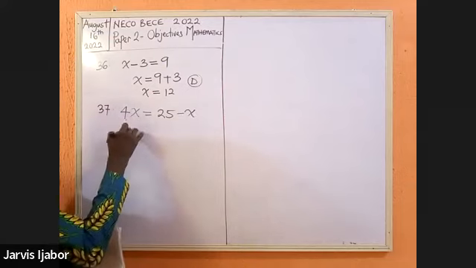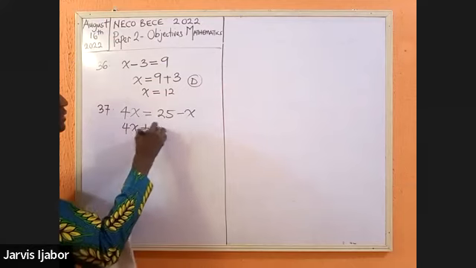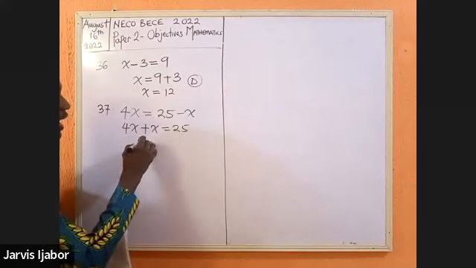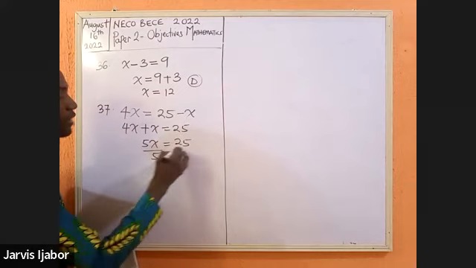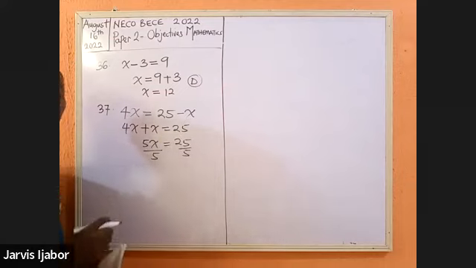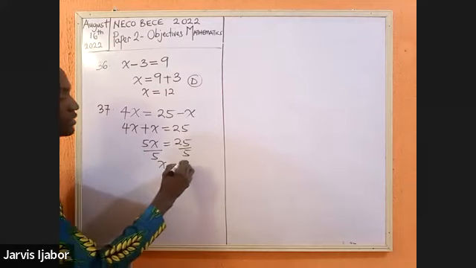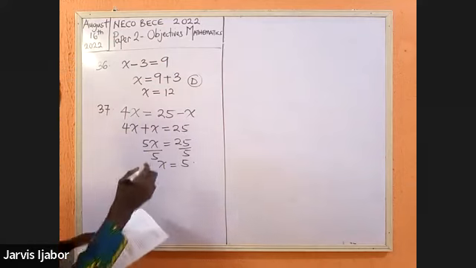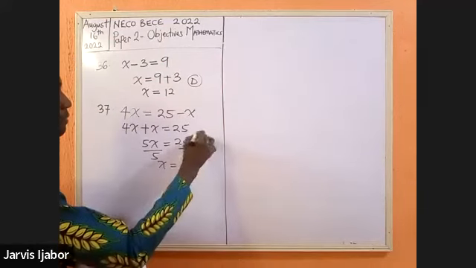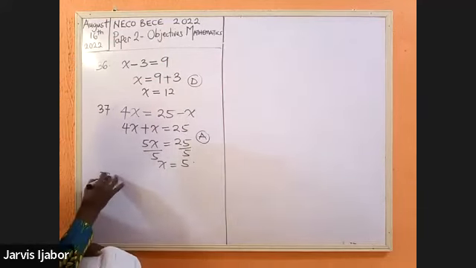Positive. So now before x plus x equal to 25, and 5x will be equal to 25. I divide both sides by 5 to render the coefficient of x to be 1. And invariably, I have x as equal to what? 5. Right? And that option will be A. We go to question 38.